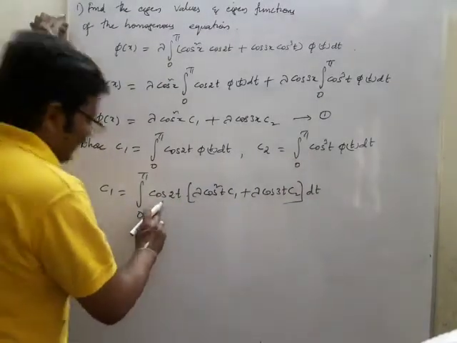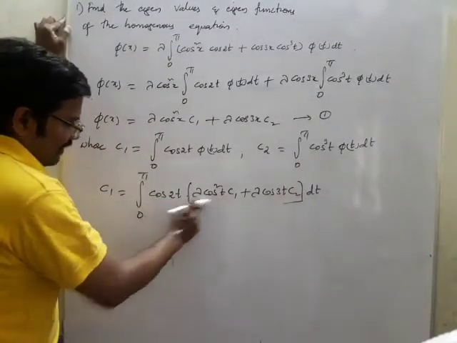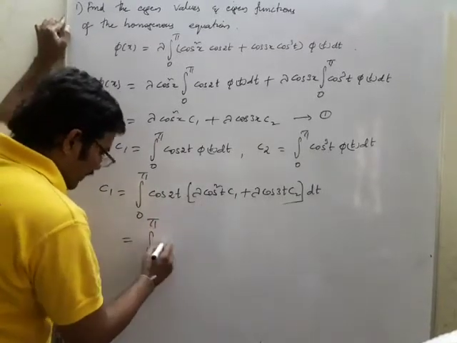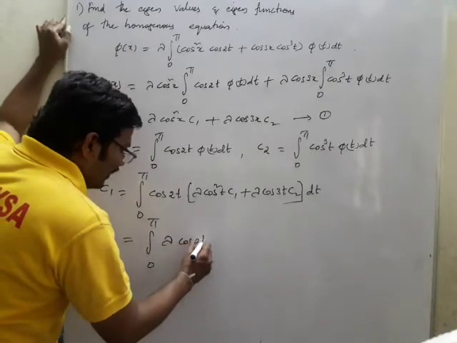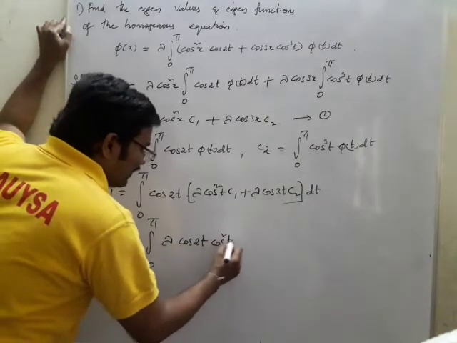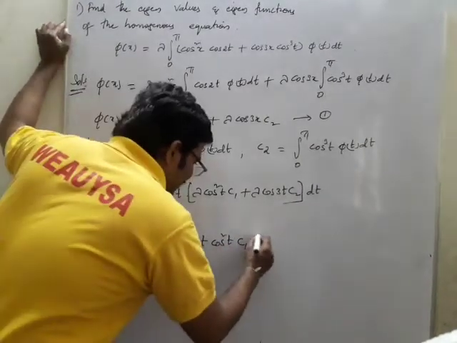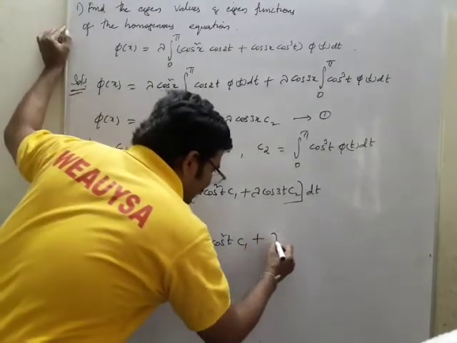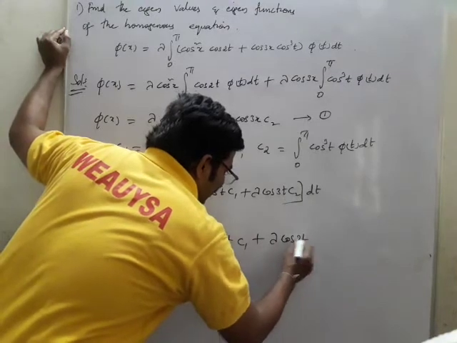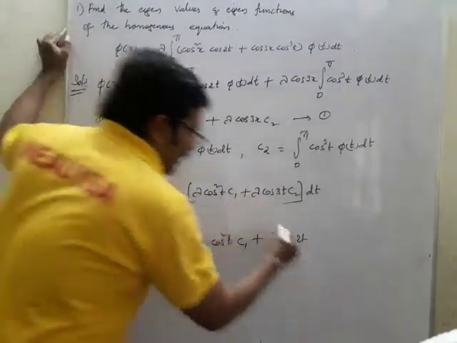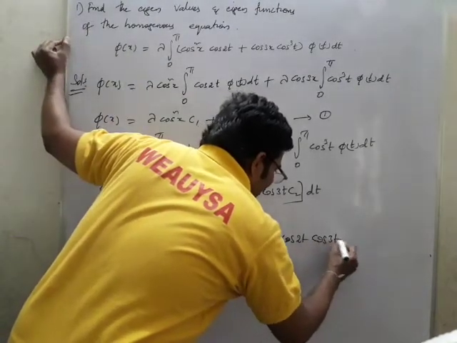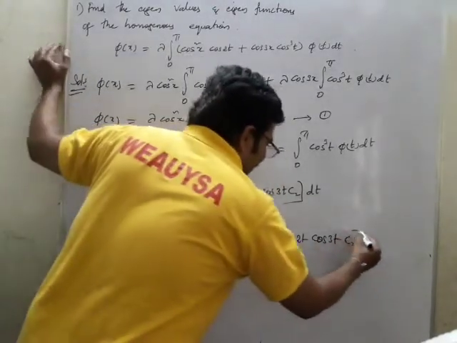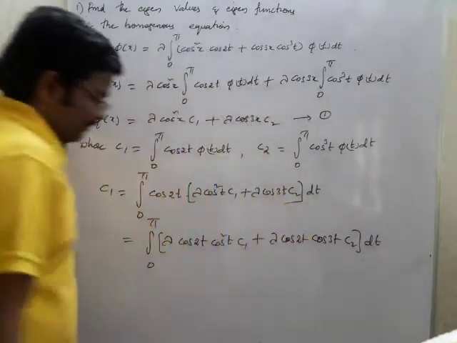Okay, now we will multiply this cos 2t inside. Now this is integral 0 to pi lambda cos 2t cos square t C1 plus, again the lambda is here, so lambda cos 2t cos 3t C2, dt.